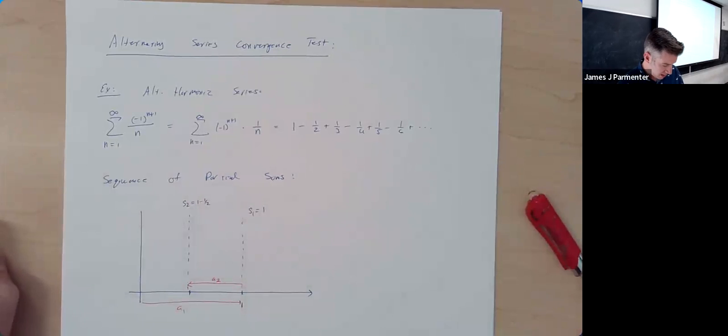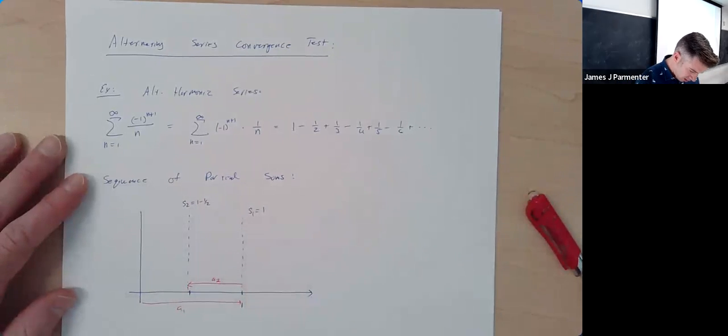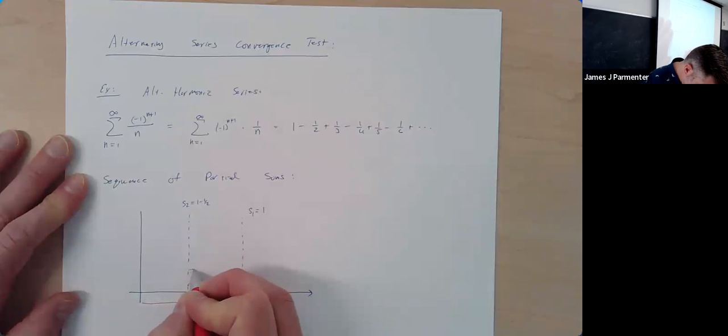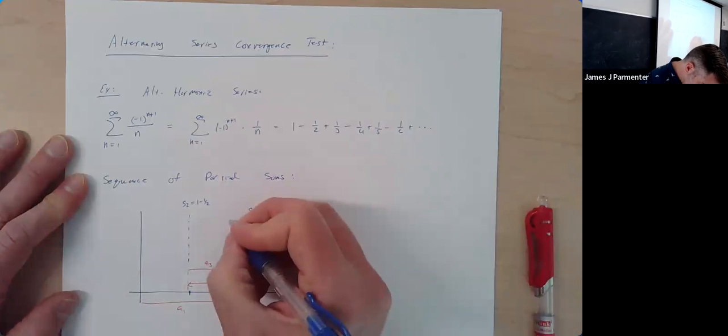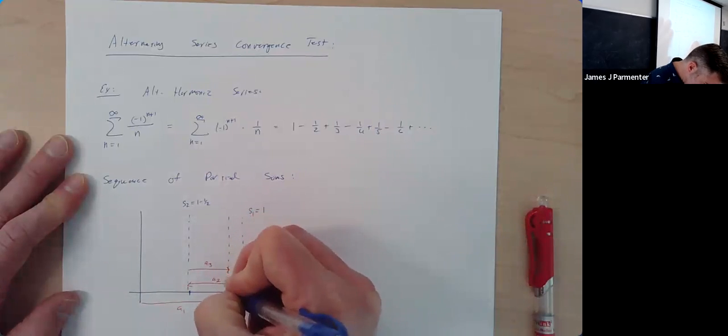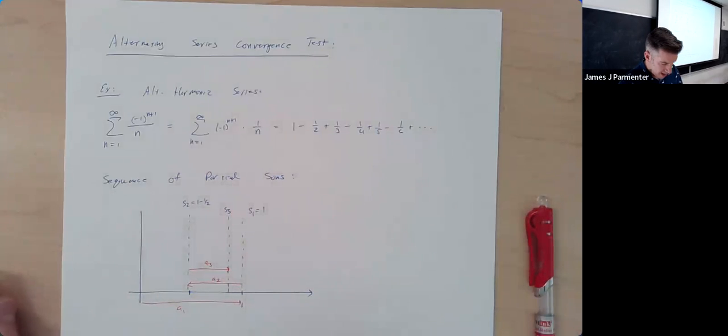And now, to get S3, we're going to add on a third. So I'm going to go, which is not quite as much as a half, maybe it's like that much. And I'm going to end up over here. There's S3. Whatever 1 minus half plus a third is. And I think you might start to see what's happening here. I'm going to keep subtracting and then adding and then subtracting and then adding.